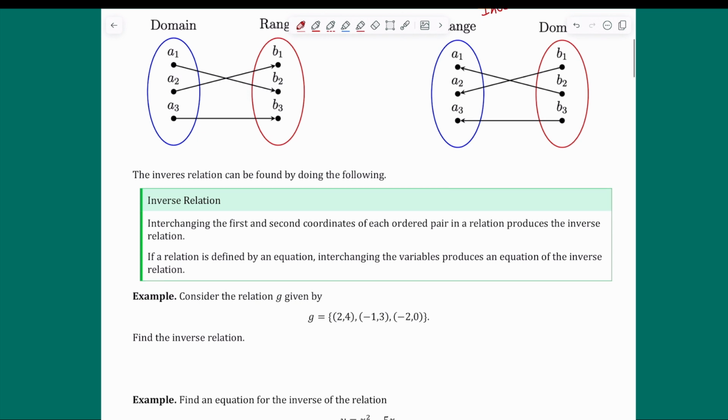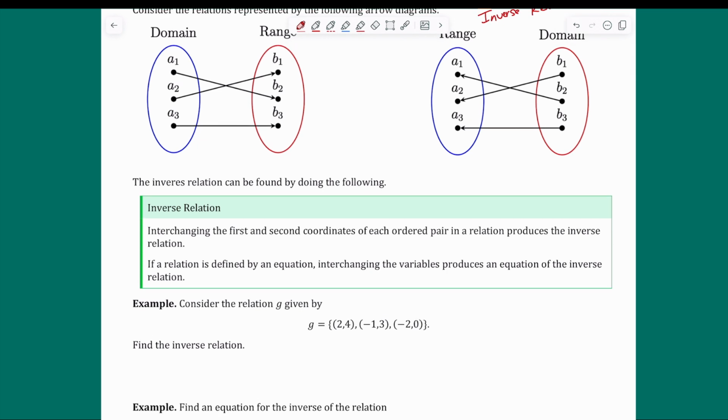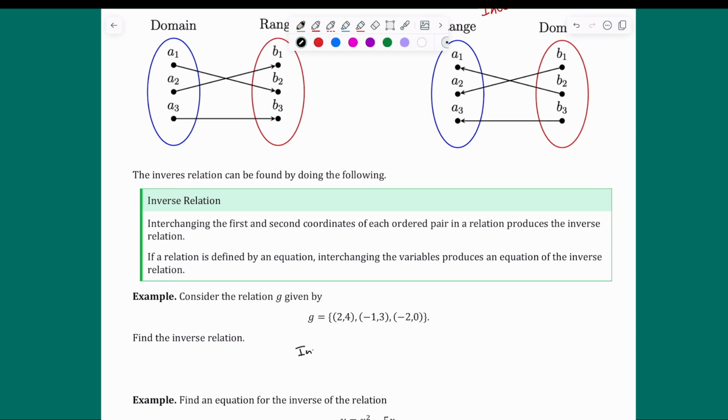So for example, consider the relation G given by the ordered pairs (2, 4), (-1, 3), (-2, 0). Well, then the inverse relation of G equals (4, 2), (3, -1), and then (0, -2).